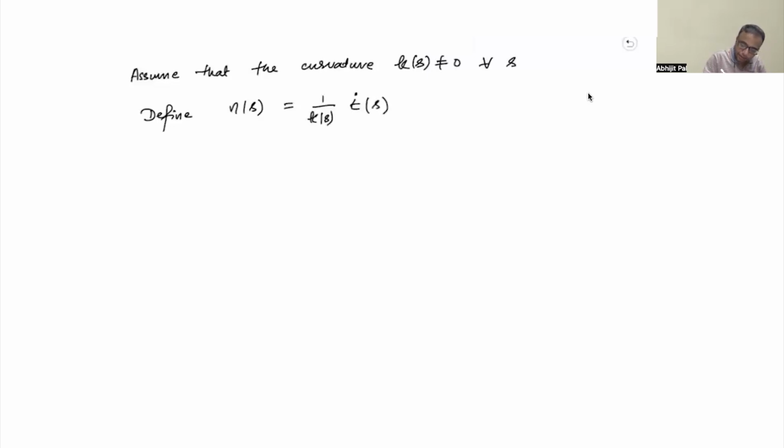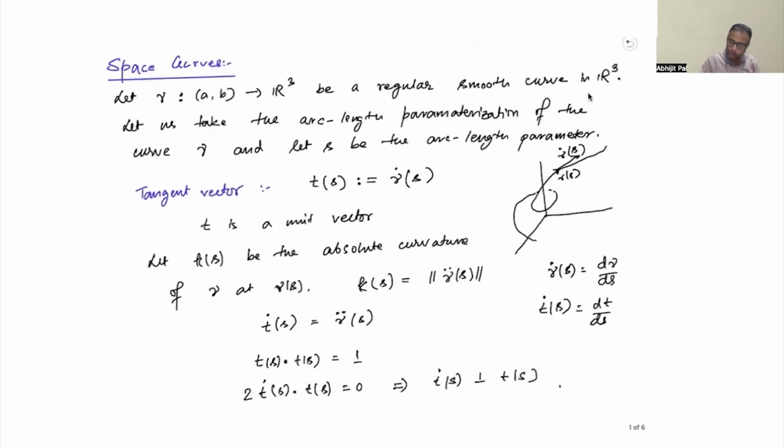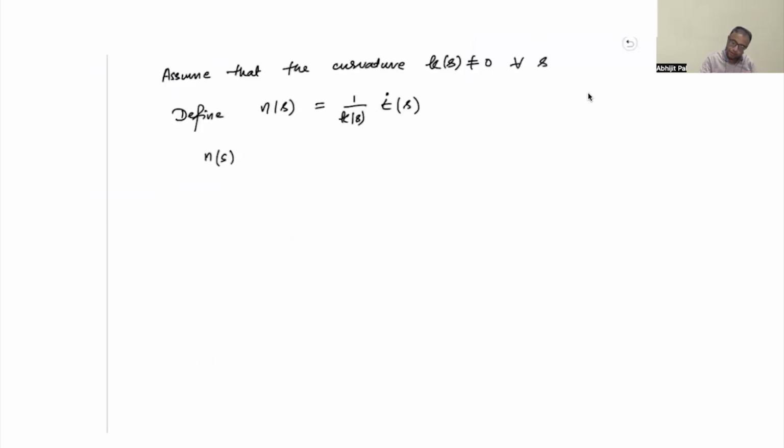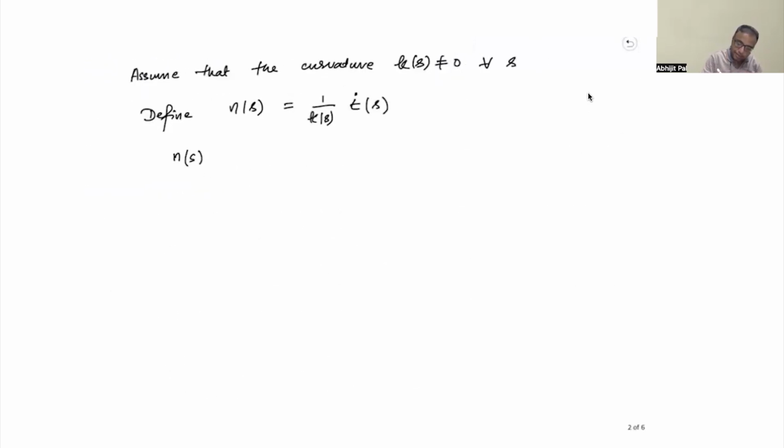Because T dot s is orthogonal to T(s), this N(s) will be orthogonal to T(s). And what is the norm of N(s)?